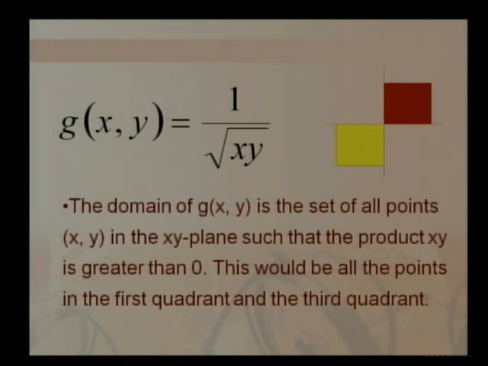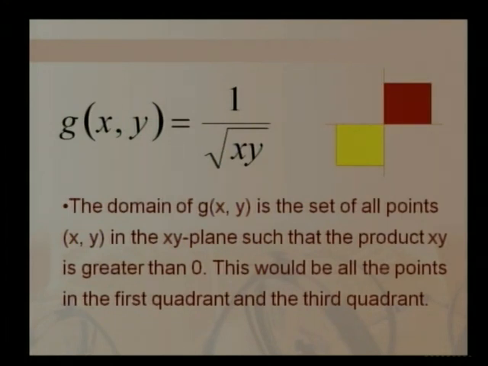This is something interesting. Now consider another function of two variables, that is g(x, y), and here the function is defined as 1 upon the square root of x into y. Here the domain of g(x, y) is the set of all points (x, y) in the xy plane such that the product xy is greater than 0, because in the denominator we have the square root of the product of x and y.